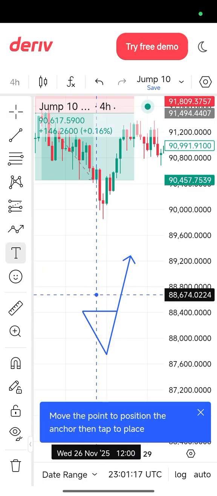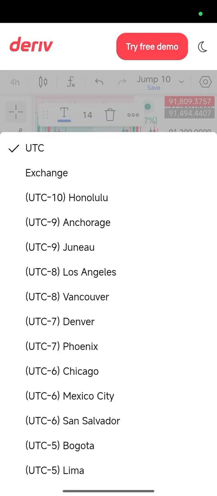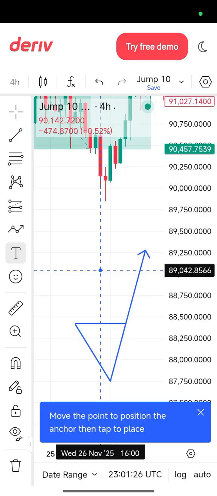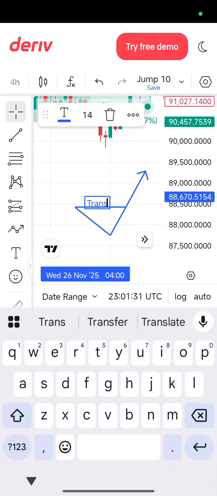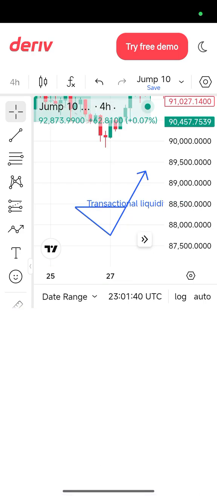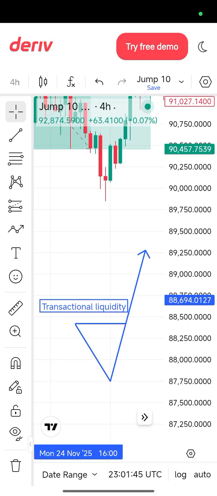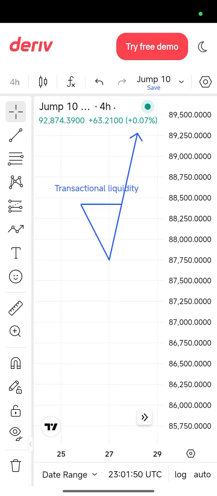Why isn't it working? Transactional liquidity. This is it. This is your transactional liquidity.